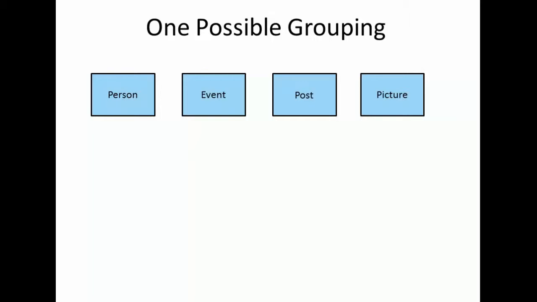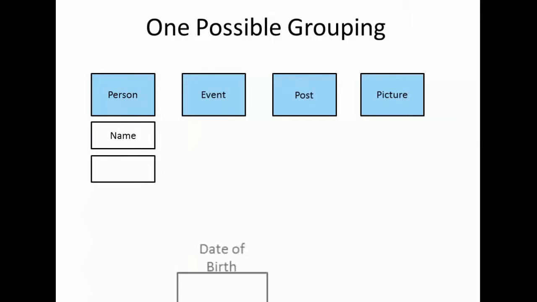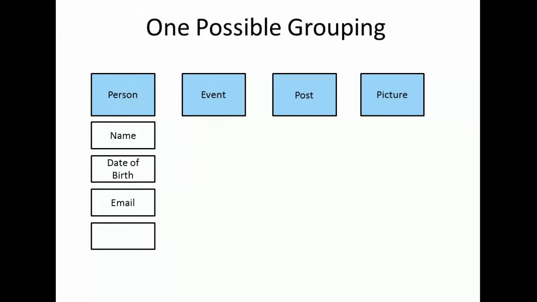One possible grouping is, for example, for person as an entity, attributes: name, date of birth, email, hometown.